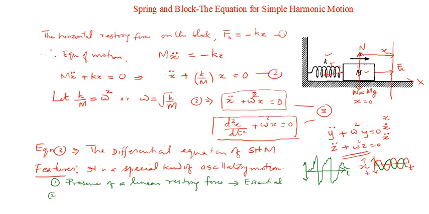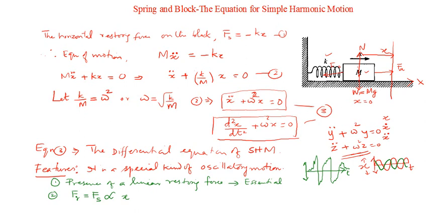Or put in other words, mathematically we can say that the restoring force Fr, which we earlier called Fs. Okay, in the case of a spring, the Fr is otherwise known as the spring force Fs, the restoring force. That will be directly proportional to the displacement from the mean position.